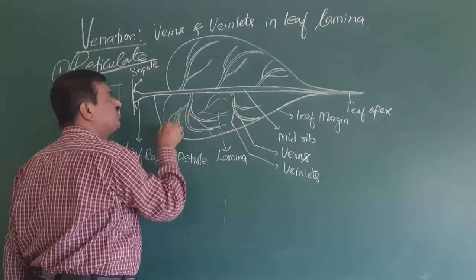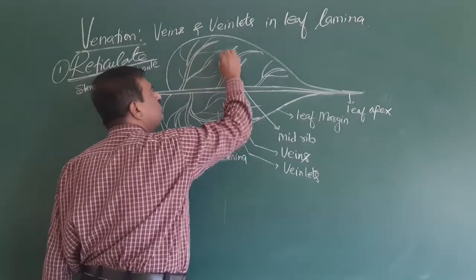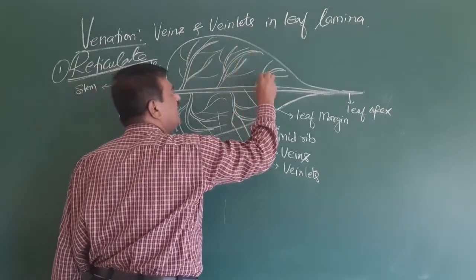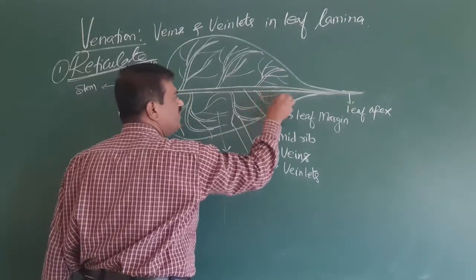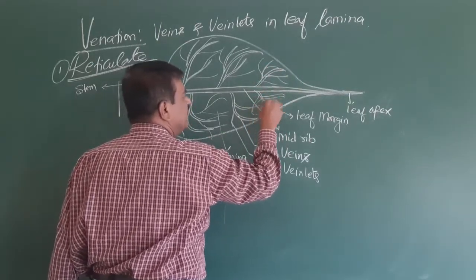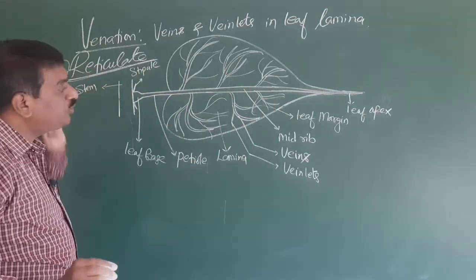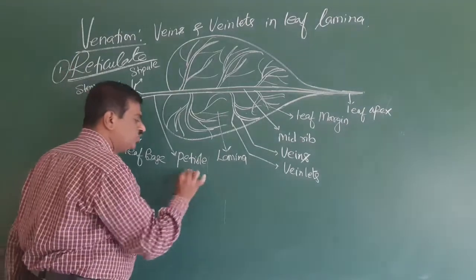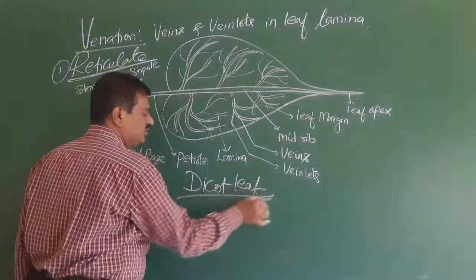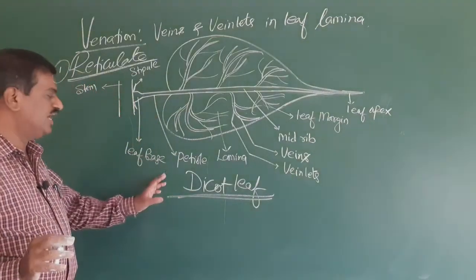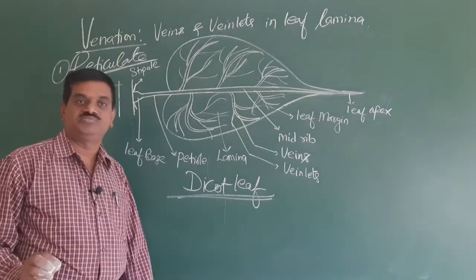So once veins and veinlets appear like a net, it is called reticulate. Reticulate venation is always noticed in a dicot leaf. This is important for NEET. A dicot leaf is an example of reticulate venation.